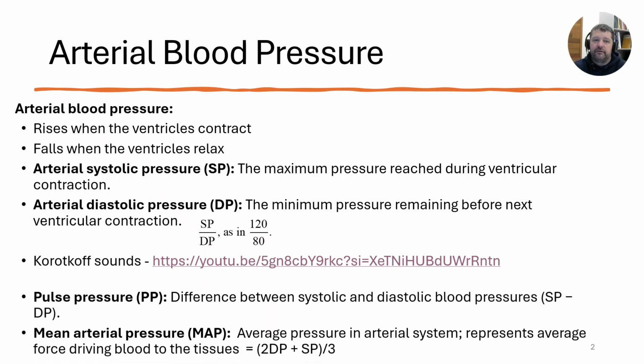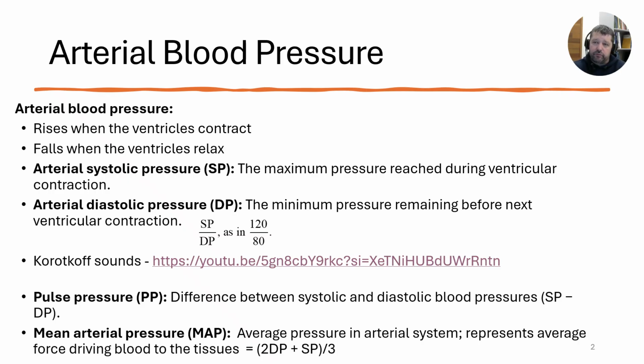From that systolic and diastolic pressure, we can get an idea of other values that tell us something about the functionality of the heart. How's it doing? One is the pulse pressure, and this is the difference between the systolic and diastolic blood pressure.